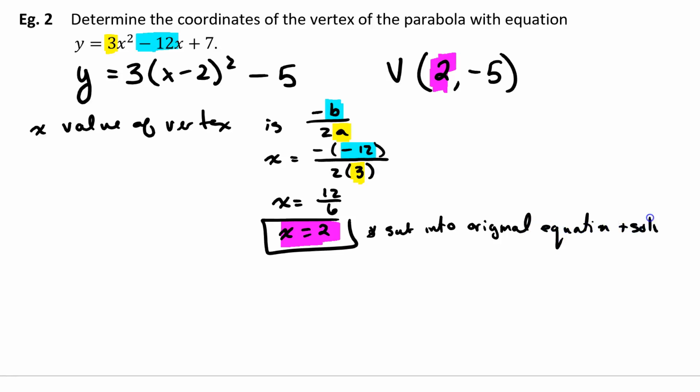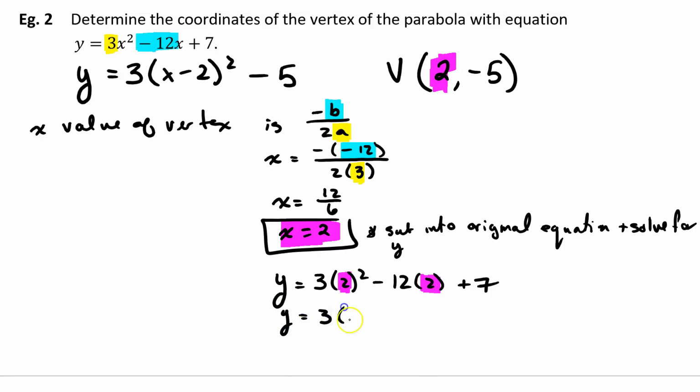and solve for y. So I'm going to say y equals 3 times 2 squared minus 12 times 2 plus 7. And I'm just going to use that fuchsia again whenever we have this 2 so you know where it comes from. So then y equals 3 times 4 minus 24 plus 7.